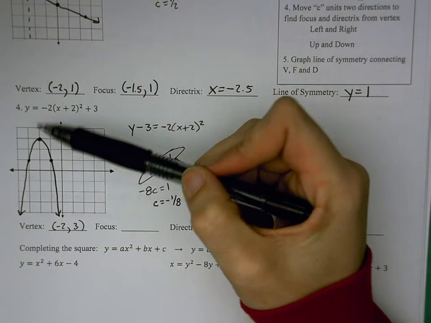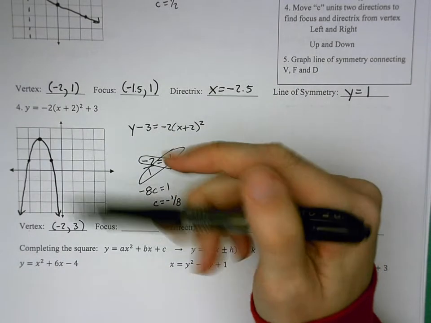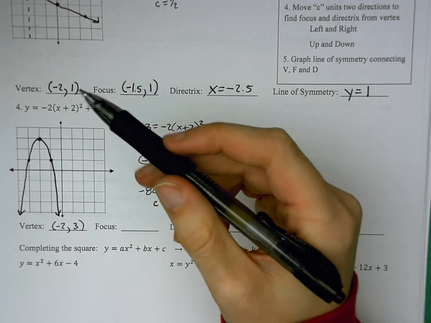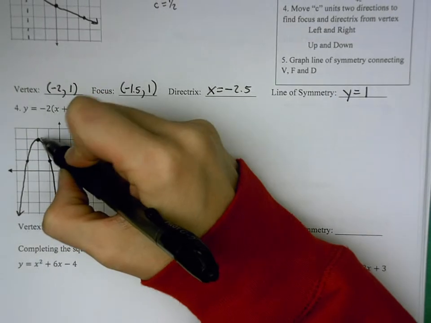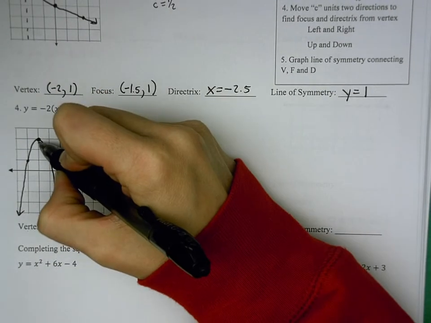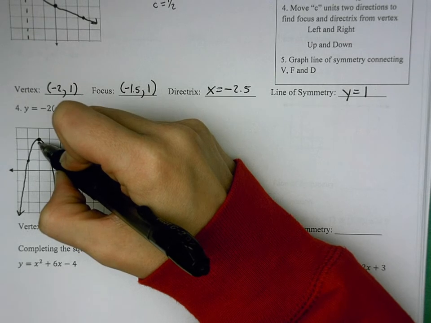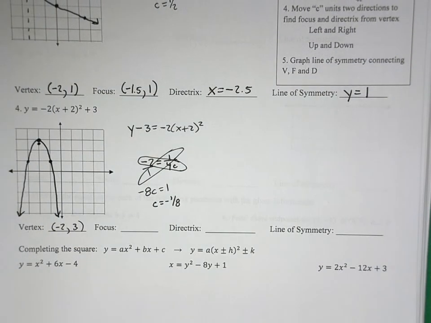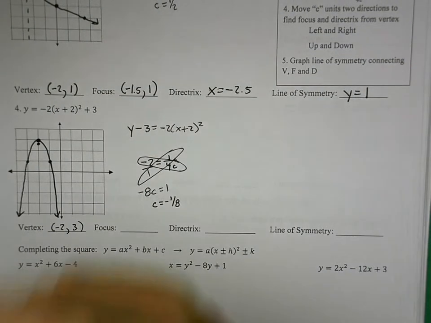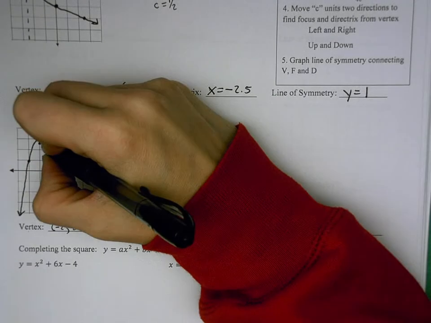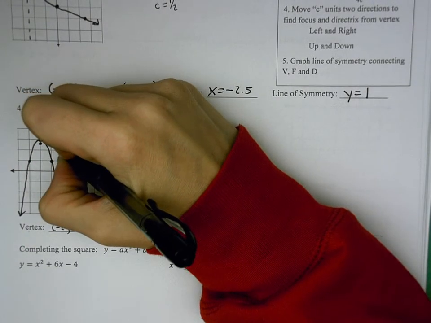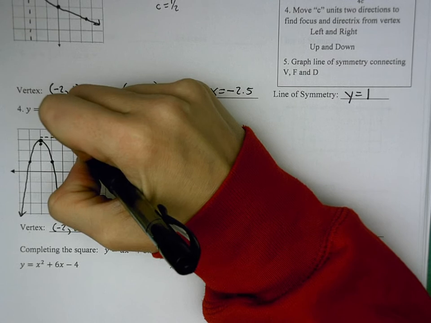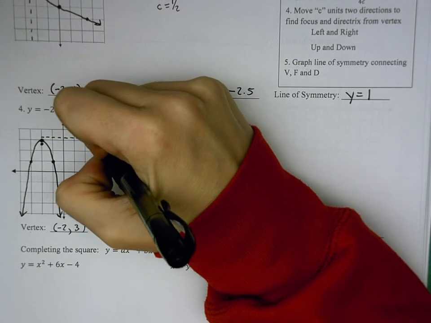Focus, remember, is always inside the parabola. So we're going 1/8 into the parabola, meaning in this case, we are going 1/8 down. The directrix is always opposite the focus, so in this case, that would be 1/8 up. And we've got our directrix here.